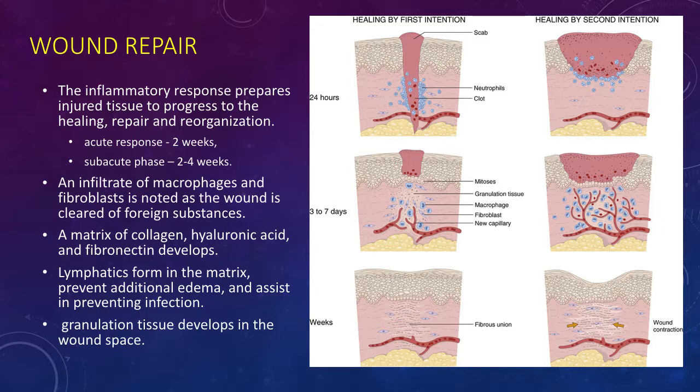Macrophages and fibroblasts are going to be involved in this process, coming in, clearing out the foreign bodies that may be there, laying down a new matrix of collagen, developing these fibrin connective tissue sections where they're going to build new granulation tissue on top of it, and essentially just grow the granulation tissue.